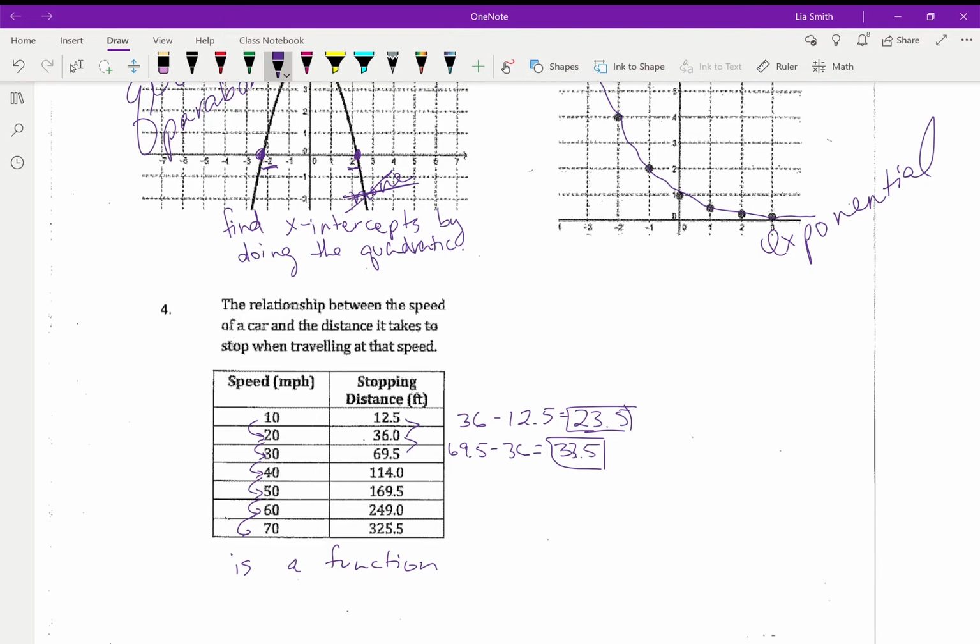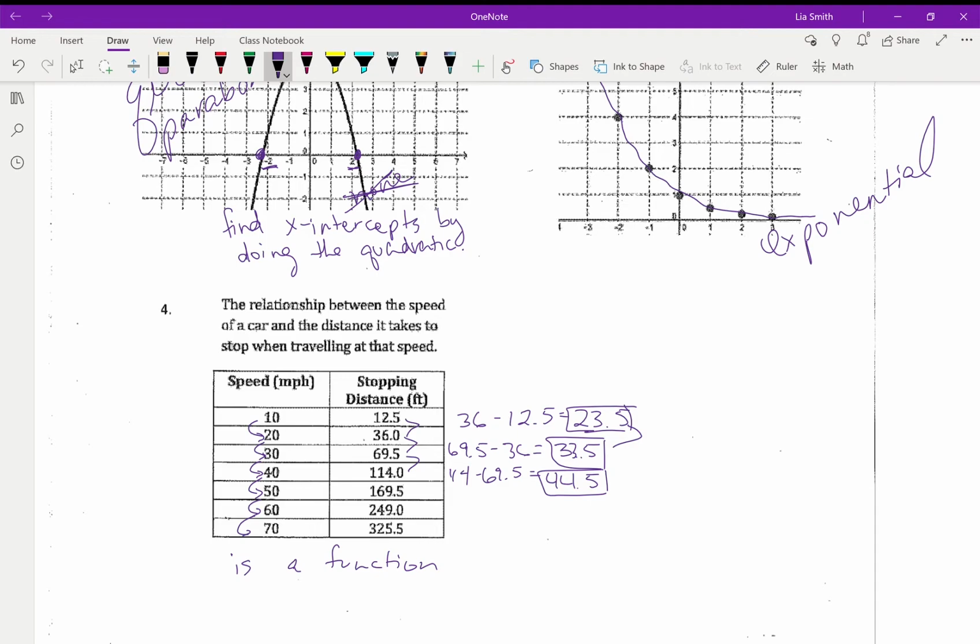Maybe it's quadratic. Who knows? 114 minus 69.5. And I get 44.5. Okay, so since they're not a first common difference, we should check the second difference to make sure it's not quadratic.